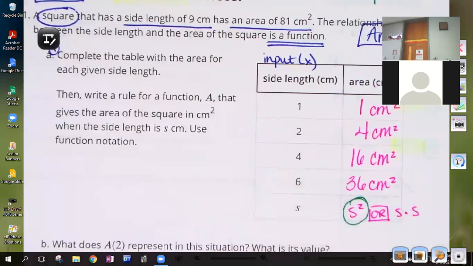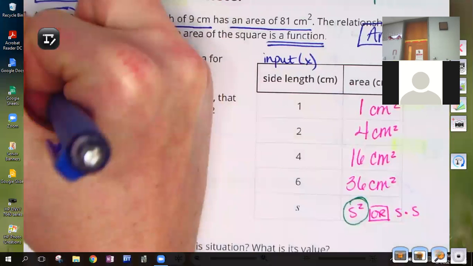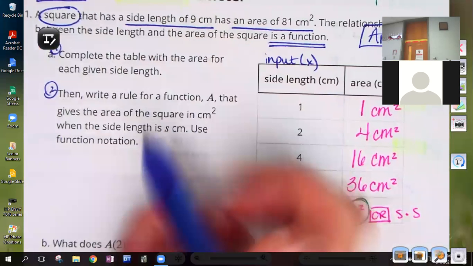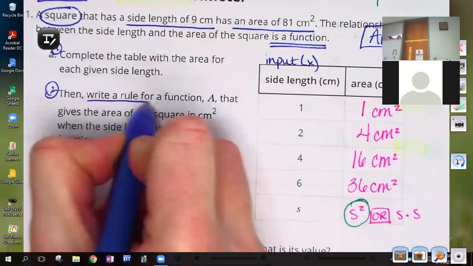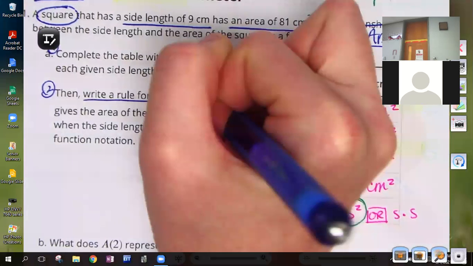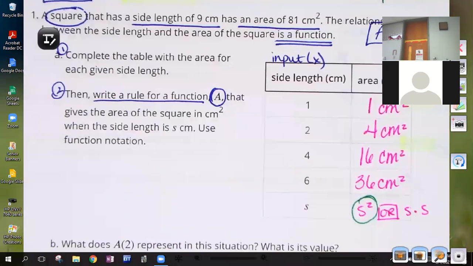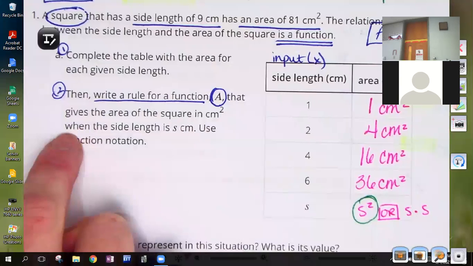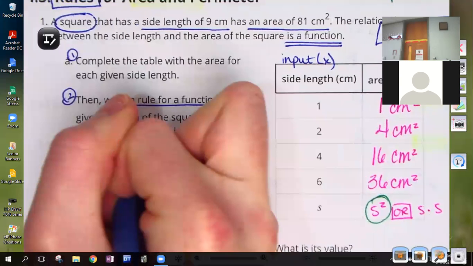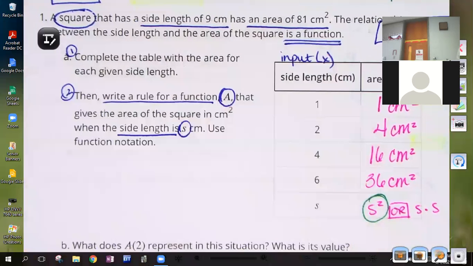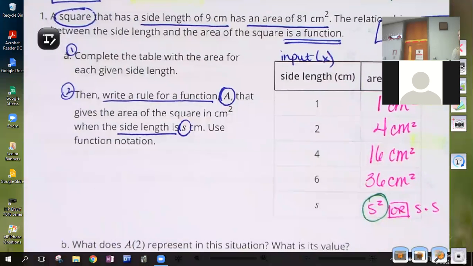So we have number 2. It says once we completed the table, which we did, it wants us to write a rule for a function, A. What do they want us to name this function? A. Circle it. That gives the area of the square in centimeters squared when the side length is S. Underline side length and circle S. We know the side length is our what?